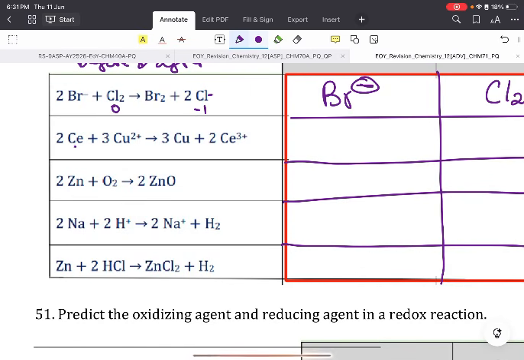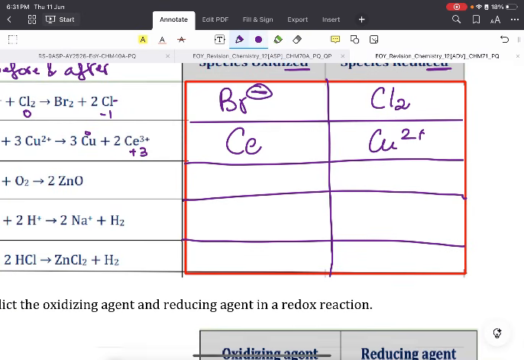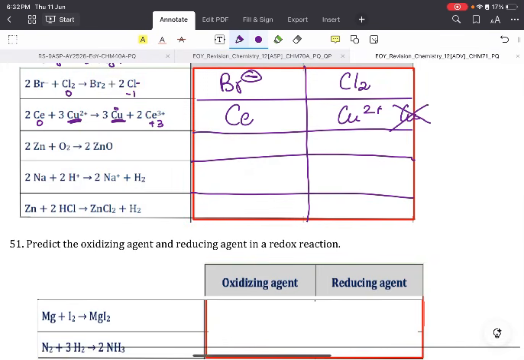Another example. This is 0 turning into +3, an increase. It means that Ce got oxidized, therefore the second one is going to be reduced. And look at it, it's +2 turning to 0. Cu2 plus. Now this is very important, and I'm going to say it again: if you accidentally write Cu, this is wrong, because it's not this one, it's this one.